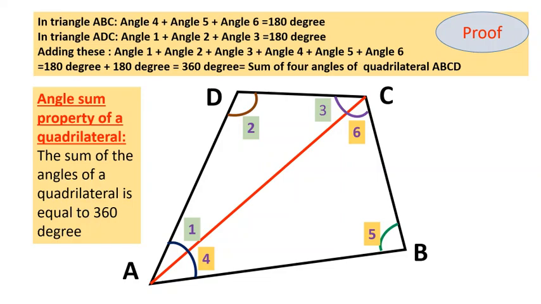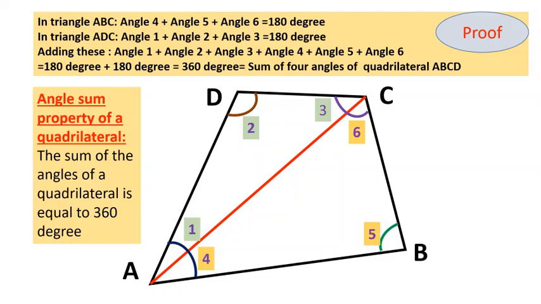Similarly, angle 4 and 5 and 6, they become the angles of triangle ABC. Now let me use the same angle sum property of the triangle. Angle 1, angle 2, angle 3, 180 degree. Angle 4, angle 5, angle 6, 180 degree together added.